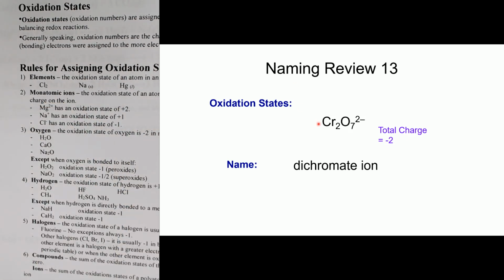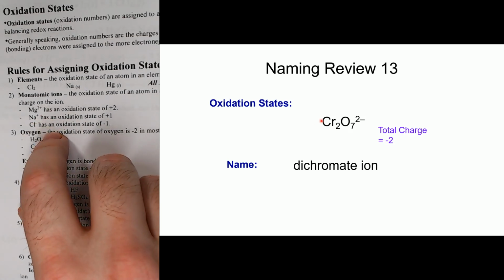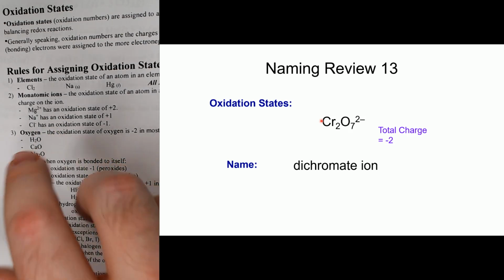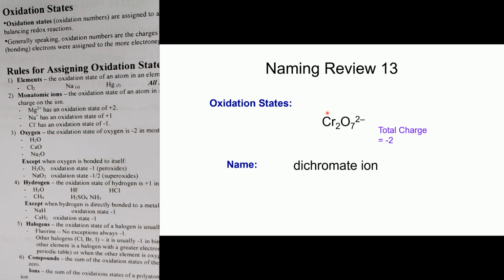Typically, you'll get something like sodium dichromate or potassium dichromate. Those are common formulations with dichromate. There's no monatomic ion, so next we'll go to oxygen. Rule 3 is oxygen, -2. -2 times 7 is -14.